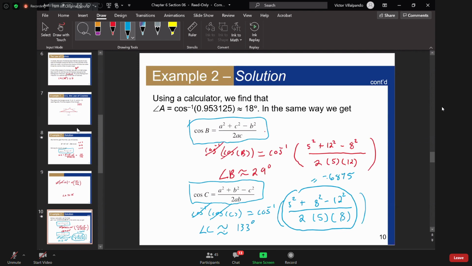Too easy? Not that hard, right? So we just patiently followed everything I did. That's exactly what we do for these problems. Whatever's given, just look at the formula you need which has enough information for you to plug in, and just plug in.